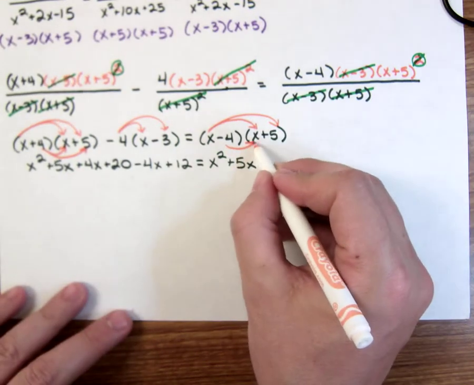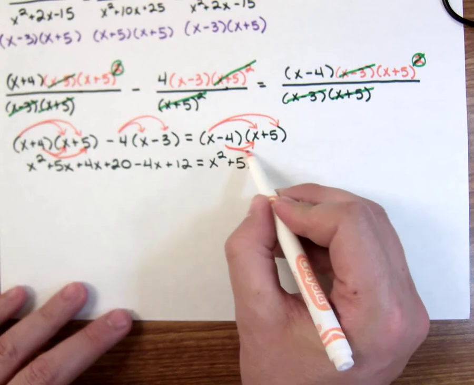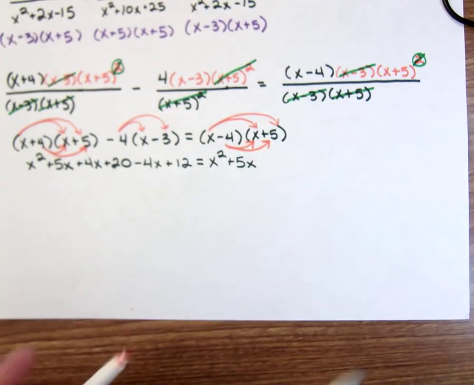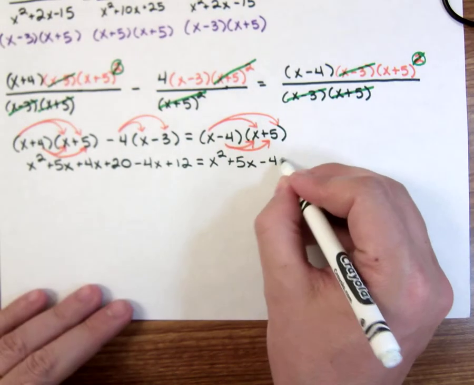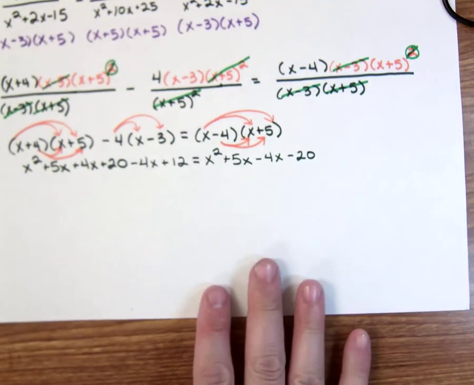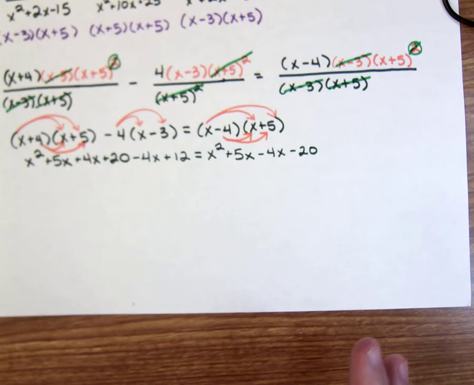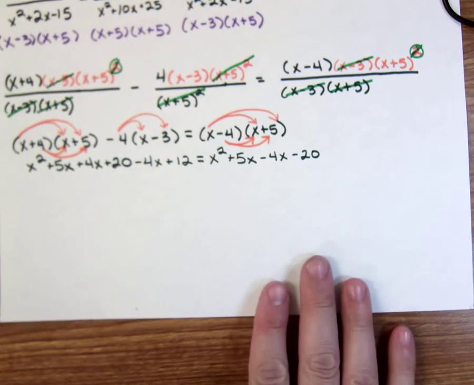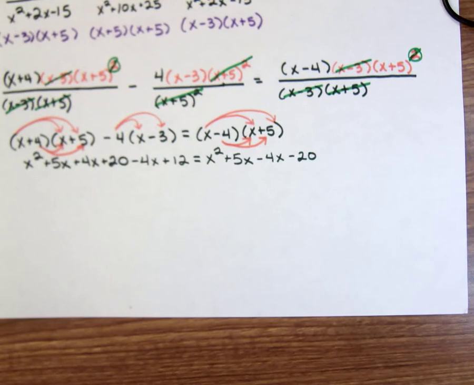Well, it's different because the first one was plus 4 and this one's minus 4. So I can't just copy it. No big deal. We can do distributive property. I got faith in you. And that's what it looks like after the distributive property is done. Dear sweet baby Jesus, what is happening? Okay. It's all downhill from here, kids.